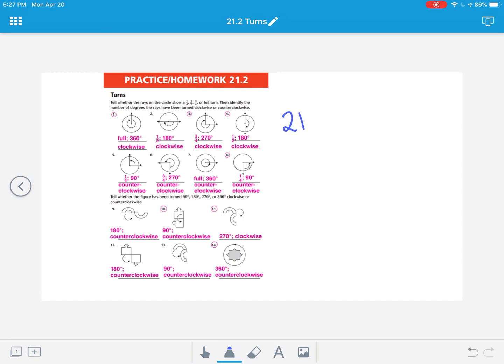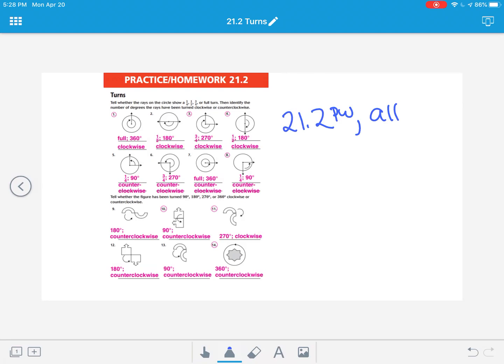For today, you're going to be working on 21.2. You're going to do all of the PW. And I want you to make sure that you pause the video, do your work, not looking at the video, and then come back and check your work to make sure that you've done it correctly.